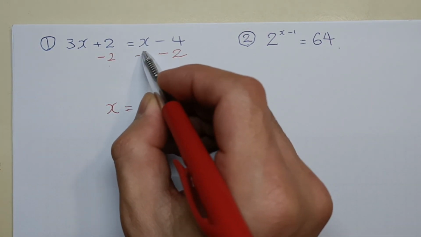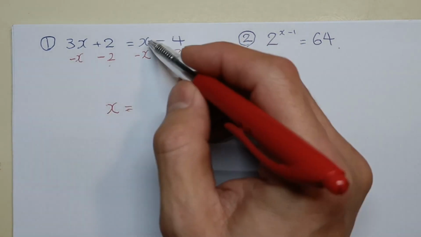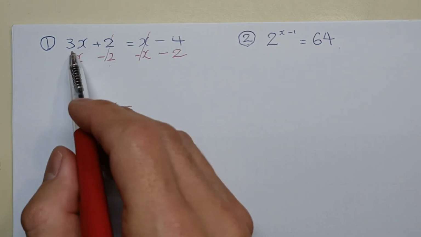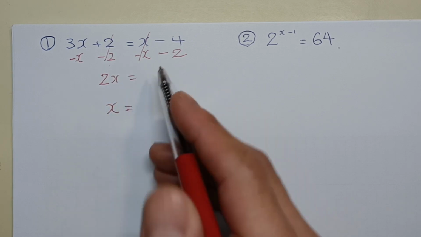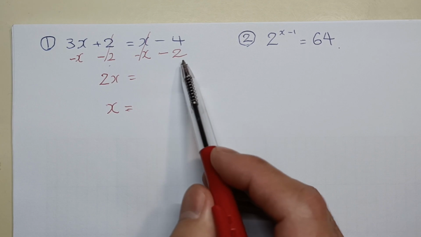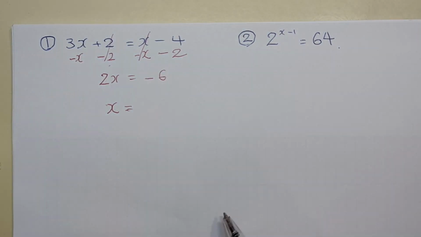To get rid of x, you take away x on both sides. Then this part and this part can be cancelled, and then 3x take away x is 2x on the left side of equal, right? And negative 4 take away 2 is negative 6.